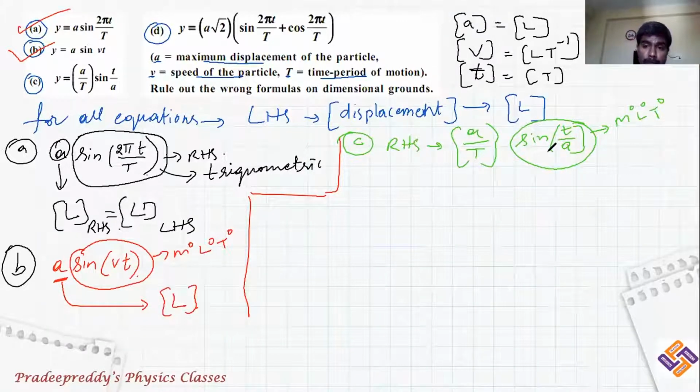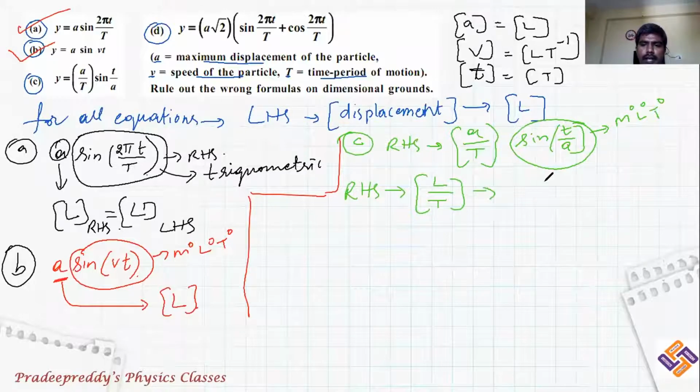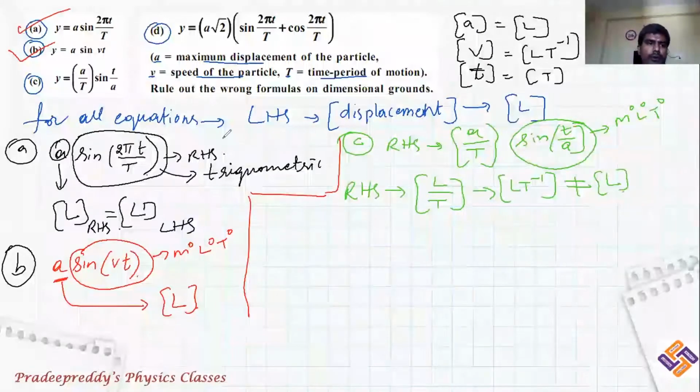Rule 2 states that trigonometric functions have no dimensions. And coming to this, what is A? A has dimension L. And RHS, what are its dimensions? It is L divided by T, which is L T power minus 1, which is not equal to L. Therefore, option C is wrong.